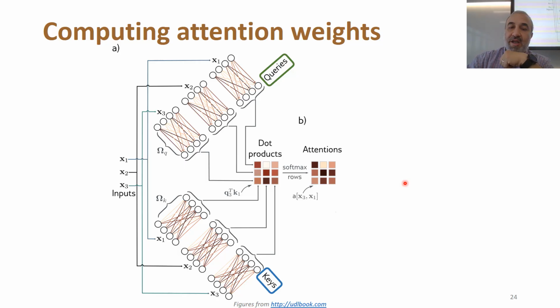So what we will do is take each row here, which represents the similarity between one word and all the words, and apply the softmax function to it, which means that we will convert all values to positive values because we will raise them to the exponential, and then we normalize them all by the sum, which means that they will all sum to 1. So we compute the dot products and then apply the softmax on every row, each row separately of course.